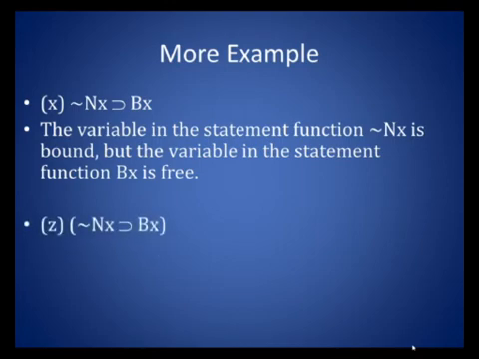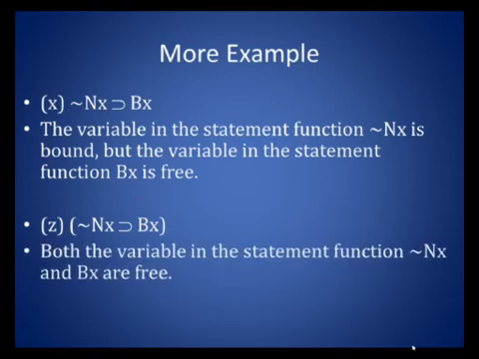Let's look at another example where I switch up my variables. So my quantifier here is a z. I say for all z, if x is not n, then x is b. Do we think that this statement's bound or free? Hopefully you said free.